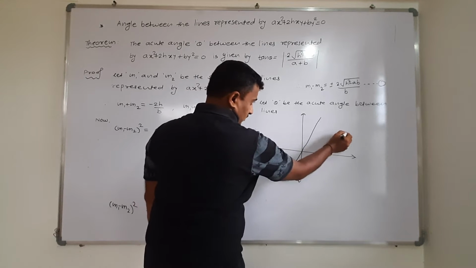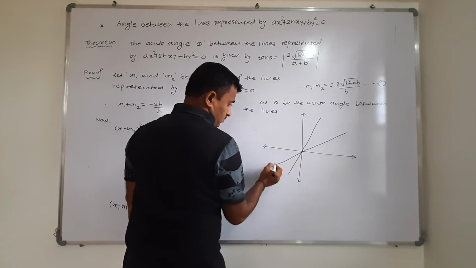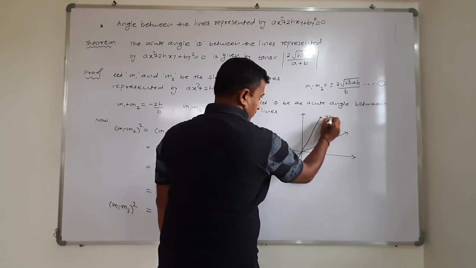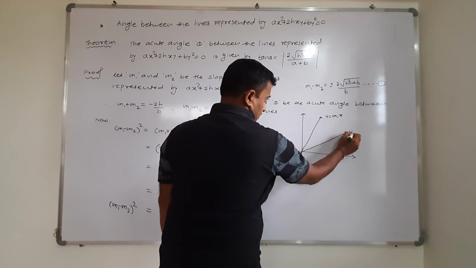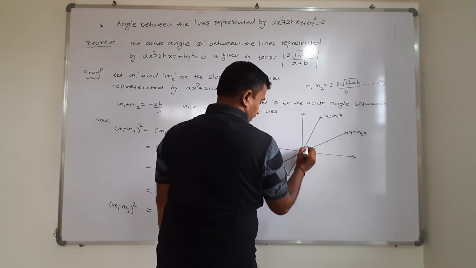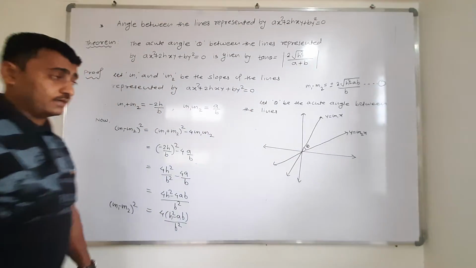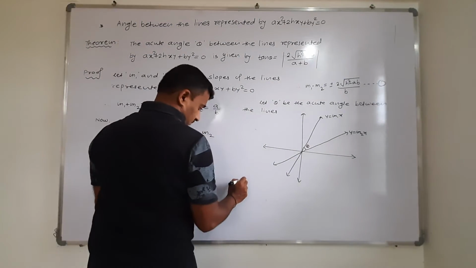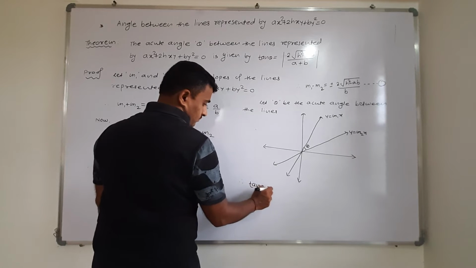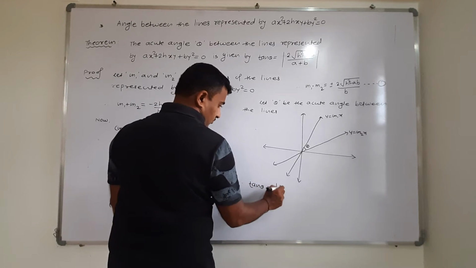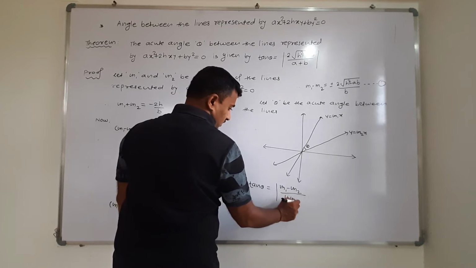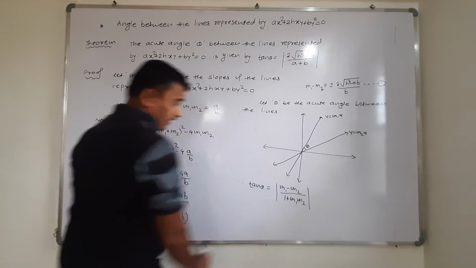We have to find the angle between these two. y is equal to m1x, y is equal to m2x, and this is the acute angle theta. We know that tan theta is equal to modulus of m1 minus m2 upon 1 plus m1 m2. This is the formula for angle between two lines.